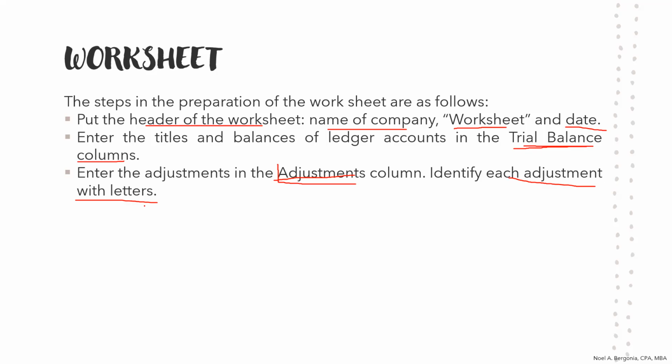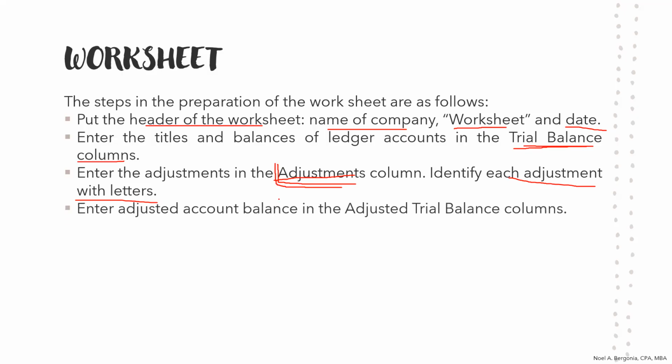Another is that kaya tayo nag-discuss in module 4 ng adjusting entry, it's because we need to have the input already about adjustments. If I hadn't discussed module 4 with you, for sure medyo maguguluhan kayo about the adjusting entry. So I hope that you grasped already the knowledge in module number 4 about our adjusting entries. So yan po yung adjustments column.